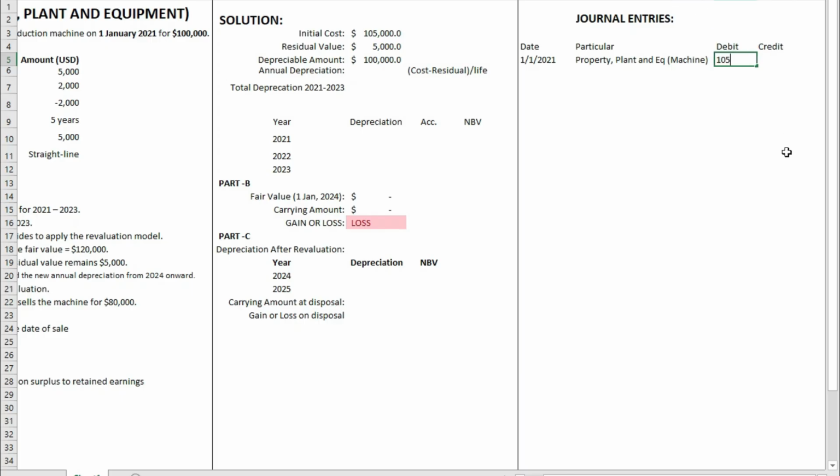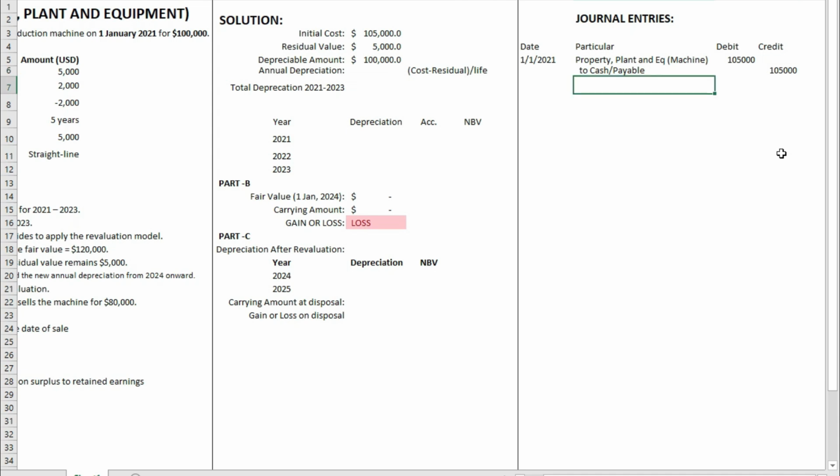It's 1,05,000. Then what will be credit? Cash maybe, and this was not disclosed. It was cash or it was payable, whatever it would be, so I'm assuming it is cash or payable. So our credit is 1,05,000 rupees. This is our first journal entry which we have passed.